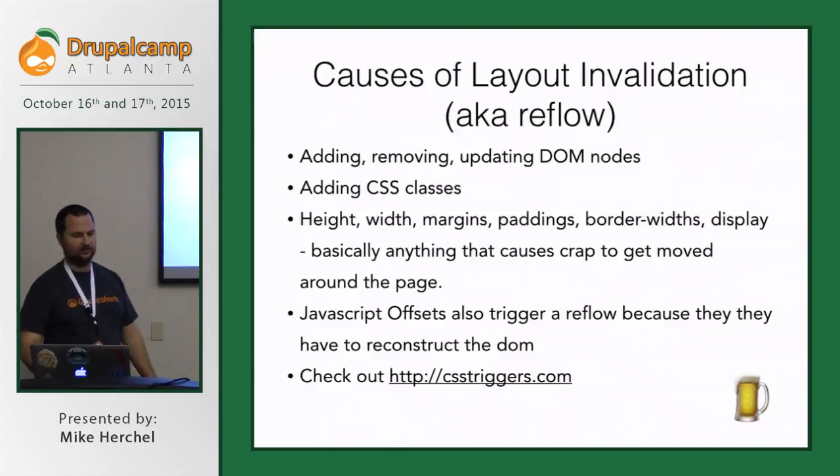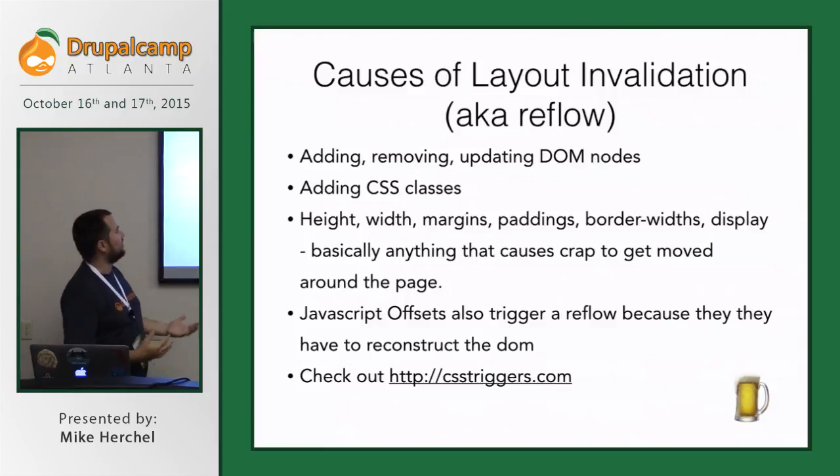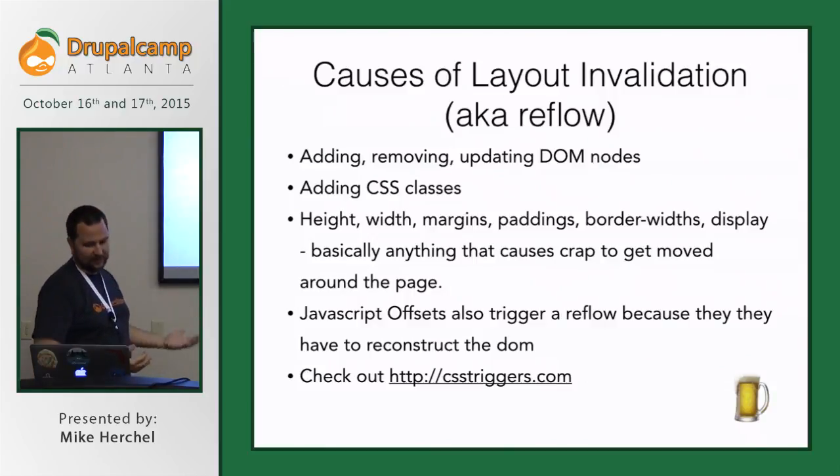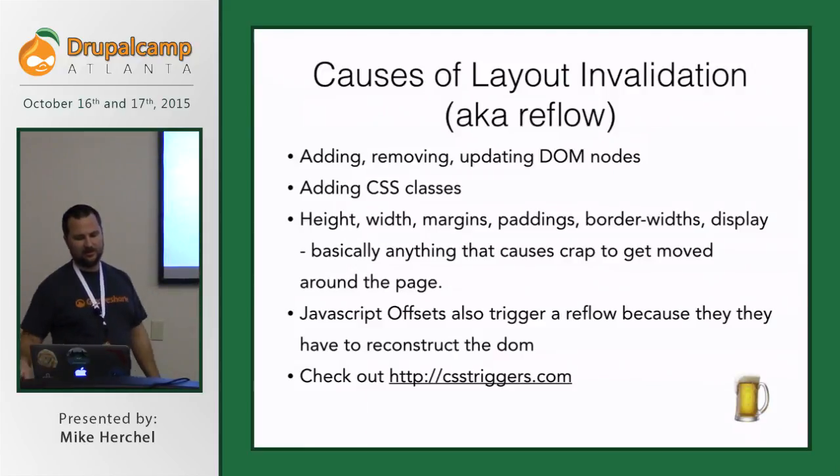So what can cause layout invalidation? I kind of talked about some of this stuff. Updating your DOM nodes, if you're adjusting the height, width, margins, paddings, anything that moves stuff around relative to another, that'll cause a layout invalidation.